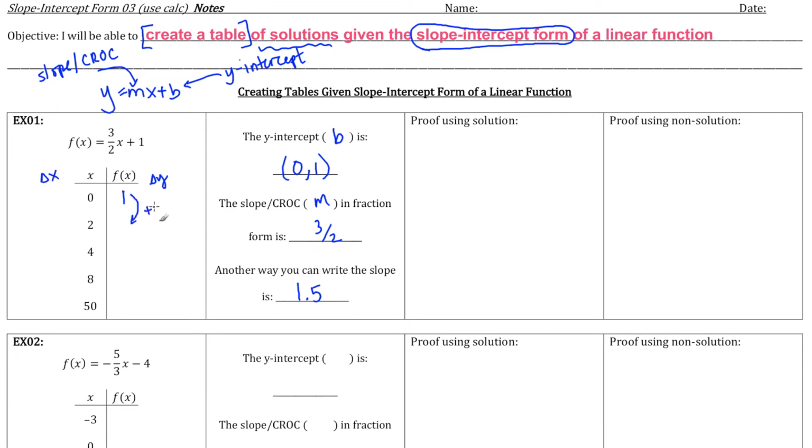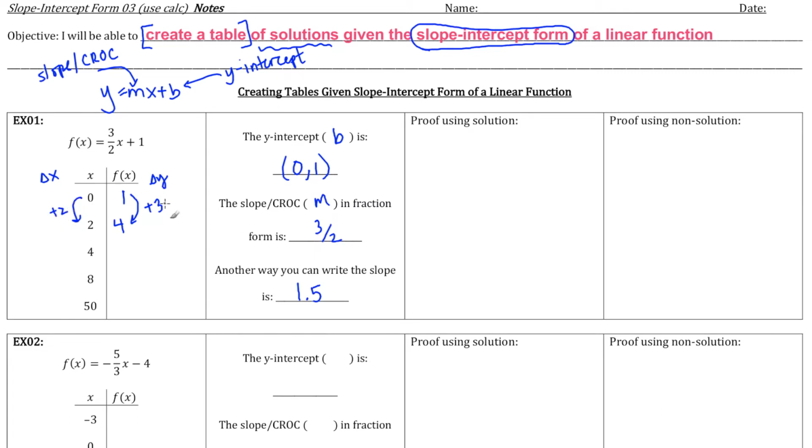Well, we increase it by 2. Oh, that is incorrect. It increases by 3. So 1 plus 3 is 4, when the x increases by 2.